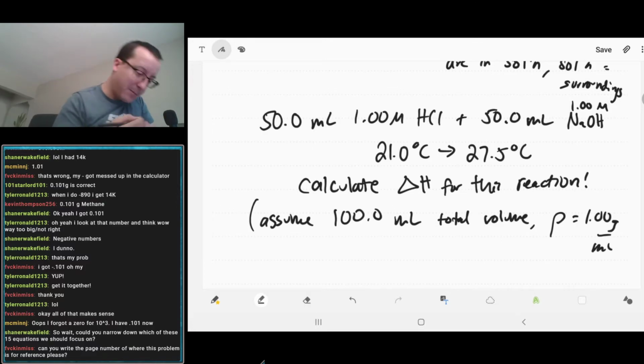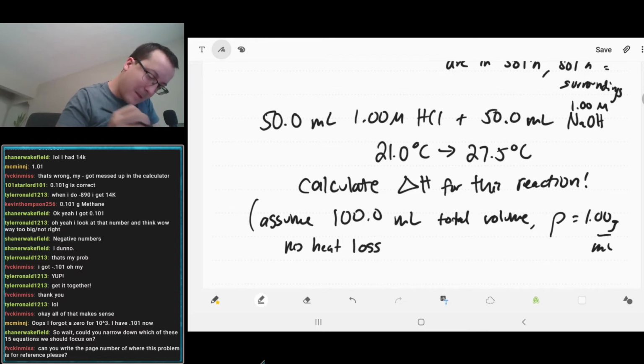Just write out all of this. And then what other assumption were we going to make? No heat loss. Those are our assumptions.